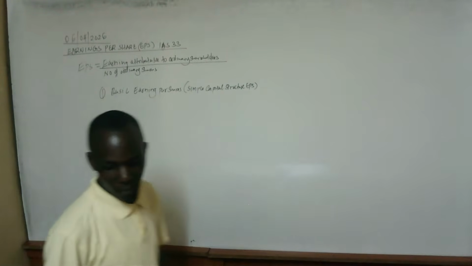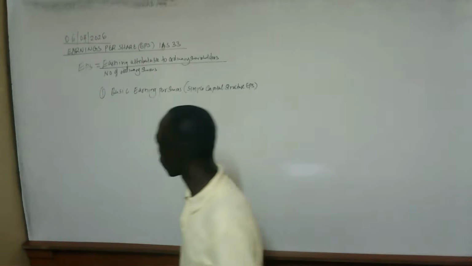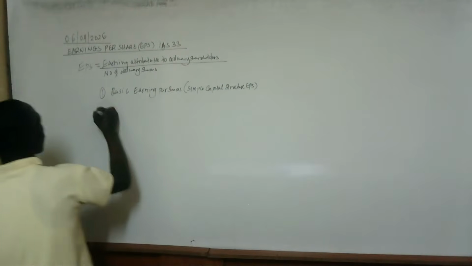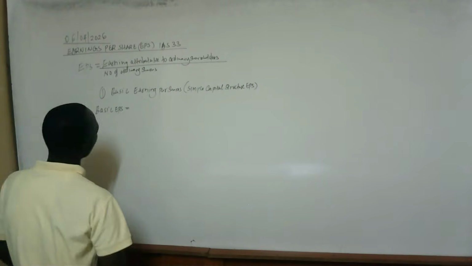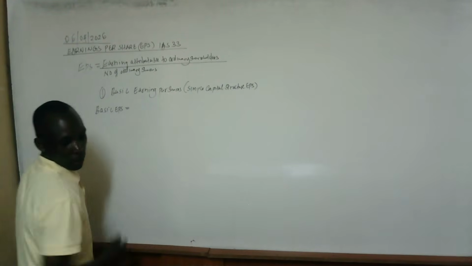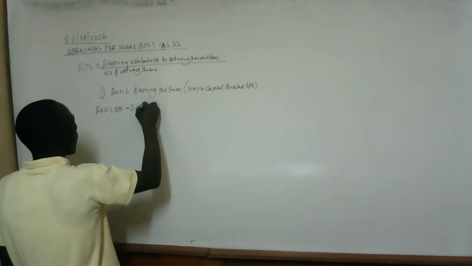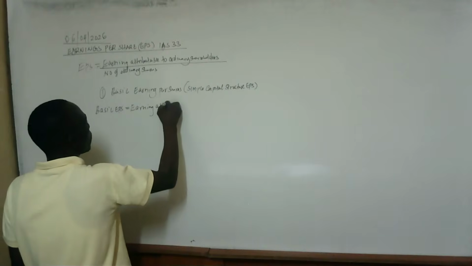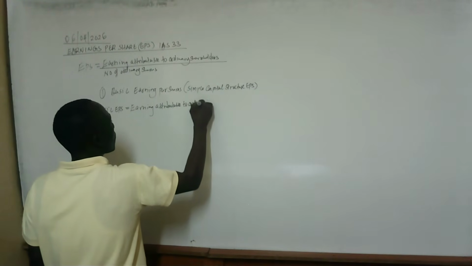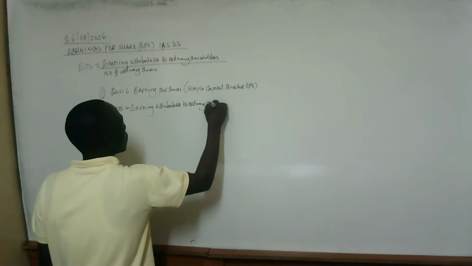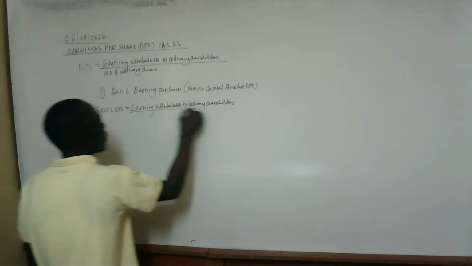So the question will arise: how do we compute the basic EPS? So when it comes to the computation, the basic EPS will be given by the earnings attributable to ordinary shareholders.